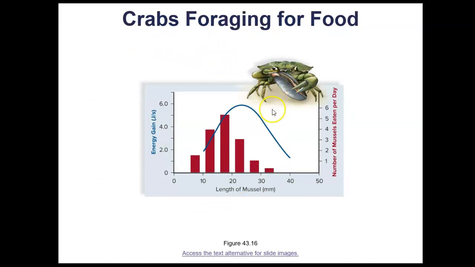There is an example of crabs foraging for food. They measured the length of the mussels, which are the organisms that the crabs eat. They're kind of like freshwater clams.